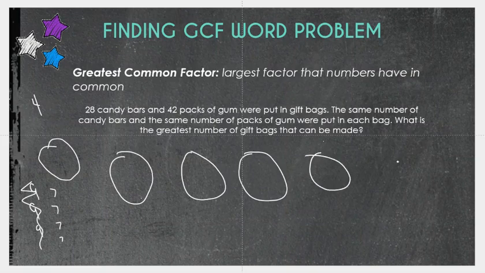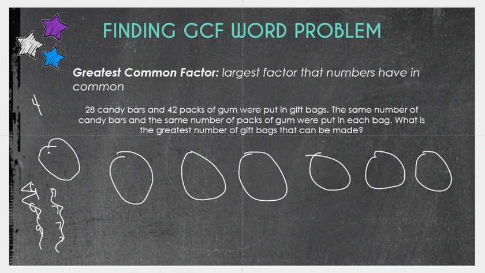1, 2, 3, 4, 5, 6, 7. If we did 7 bags, that would mean we'd have 4 candy bars in every single one. So that works. What about 42? Can 42 be divided into 7? 42 divided by 7 is 6, right?